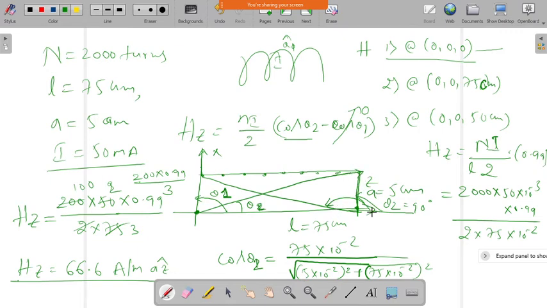So from this end theta 2 will be 90, and theta 1 we have to calculate. We can have 180 minus theta 1, or we can have 90 plus theta 1.